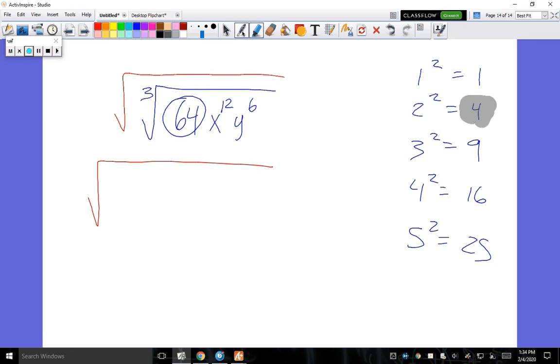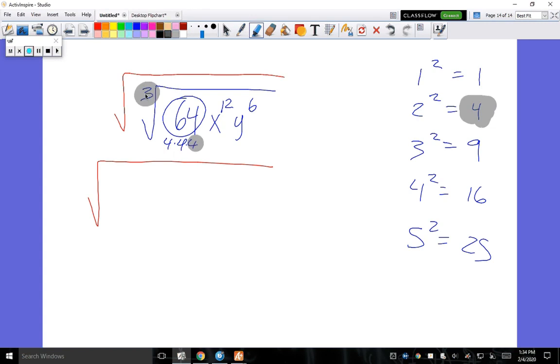and I can try dividing by 4. 4 times 4 is 16. Times 4 more is 64. So this right here is actually 4 times 4 times 4. That's what 64 is equivalent to.